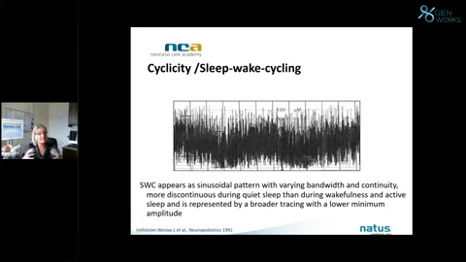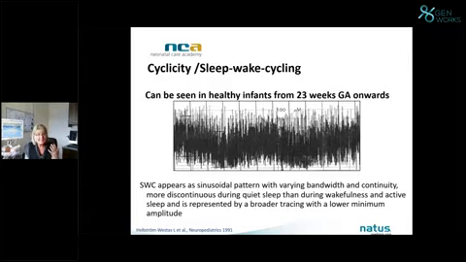It really is represented by the broader tracing with a lower minimum amplitude. And it is normal to see sleep-wake cycling in preterm infants, and we can see sleep-wake cycling very well in healthy infants from 23 weeks gestation onwards. If we don't see sleep-wake cycling in these preterm infants, then that is abnormal.